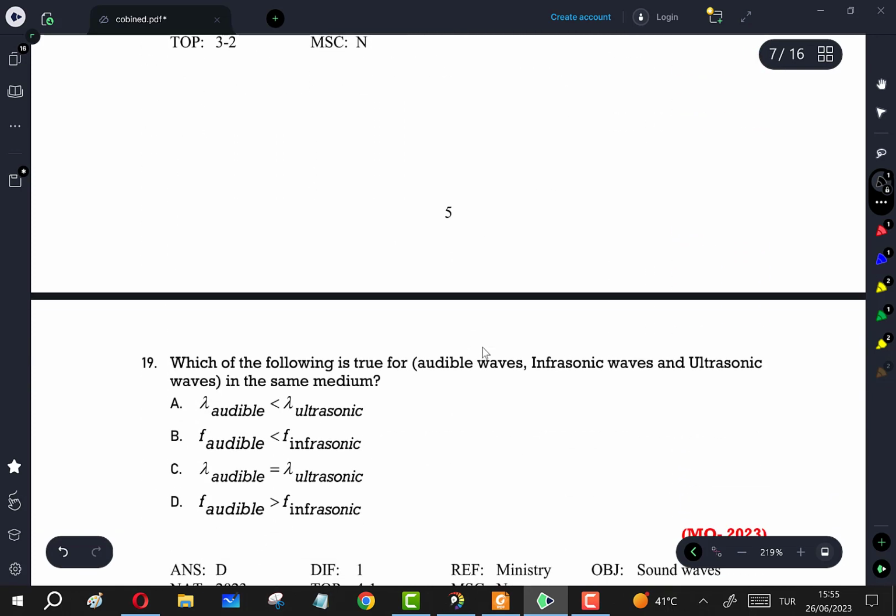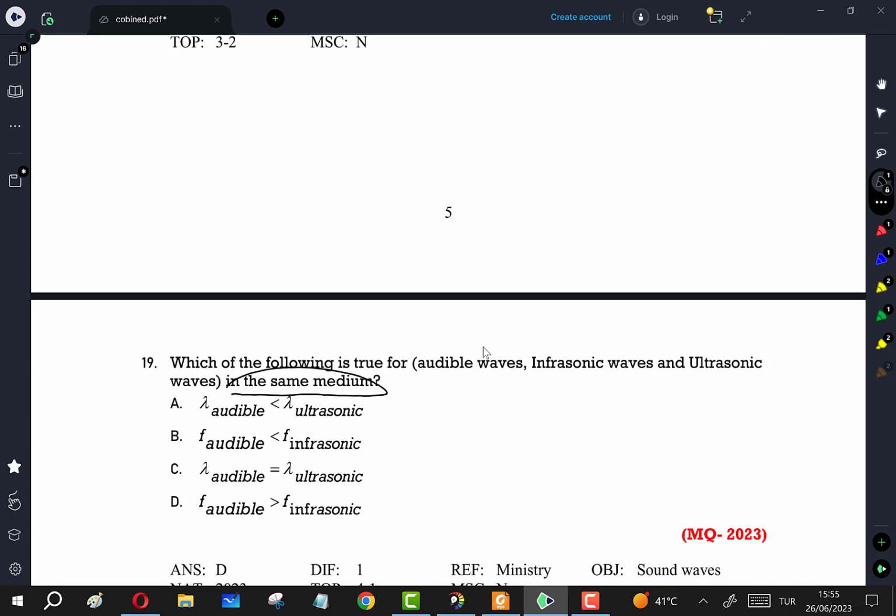Which of the following is true for audible waves, infrasonic waves, and ultrasonic waves in the same medium? Keyword: same medium, which means they have the same speed. So let's get the frequencies, because we know that frequency of the ultrasonic wave is the highest, audible is higher, infrasonic is smallest.